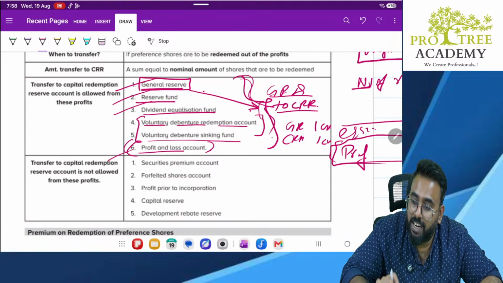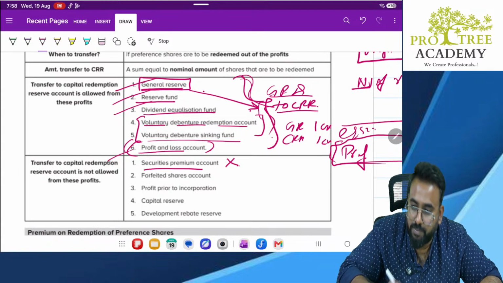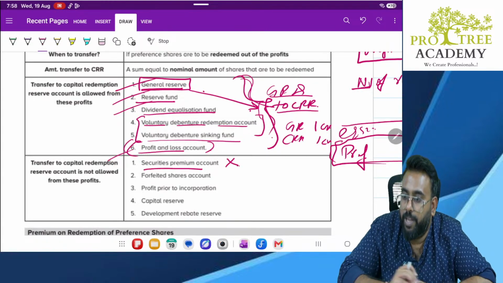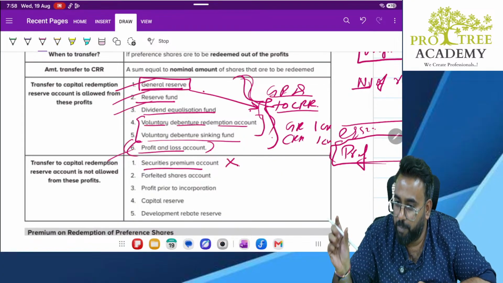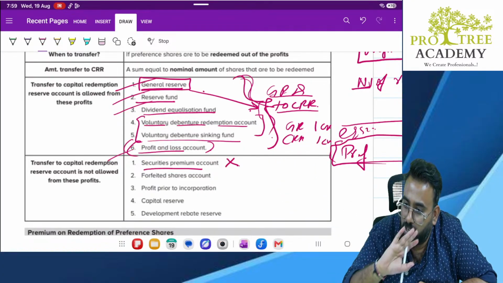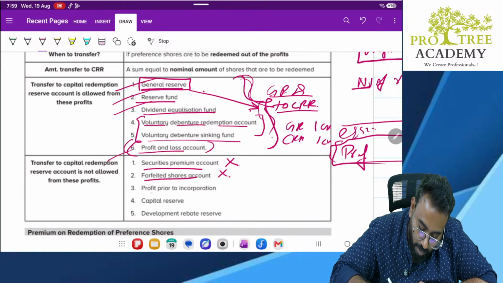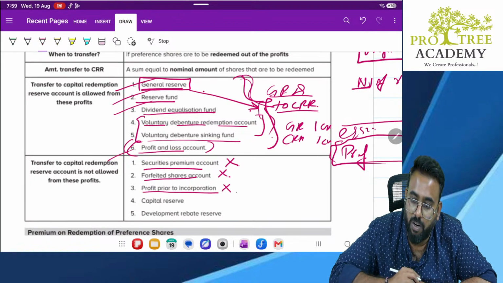Not allowed. Which are the items which are not allowed to create CRR? Security premium account, not allowed. You cannot use the balance in the security premium account to redeem the debentures, not allowed. Forfeited shares account, not allowed. Profit prior to incorporation, not allowed.